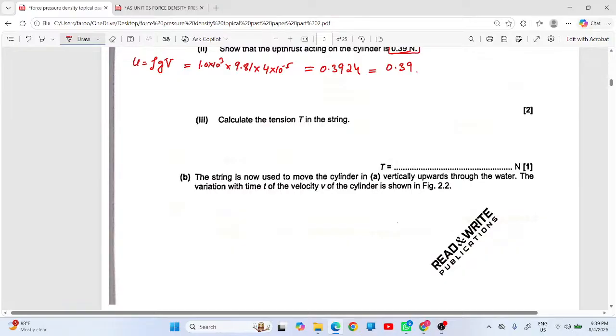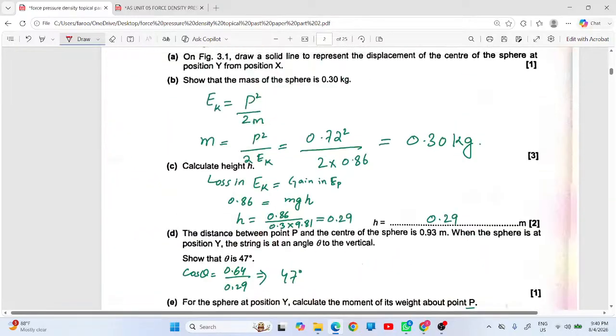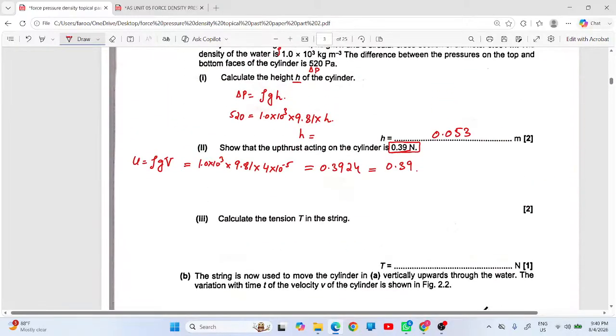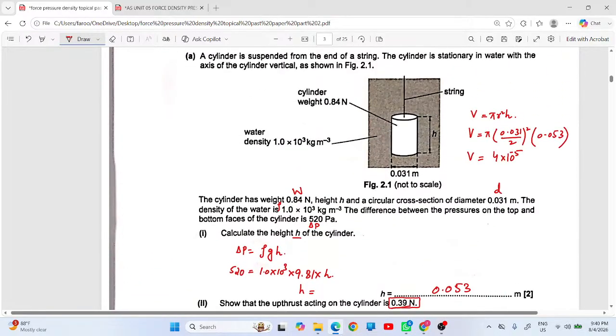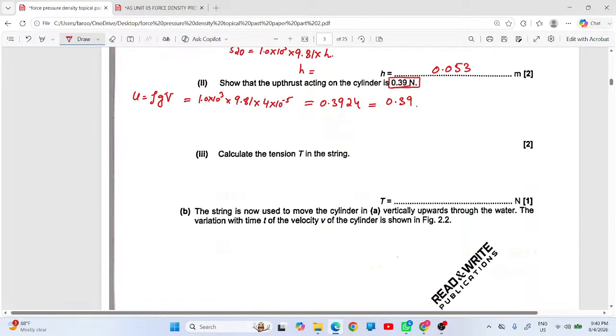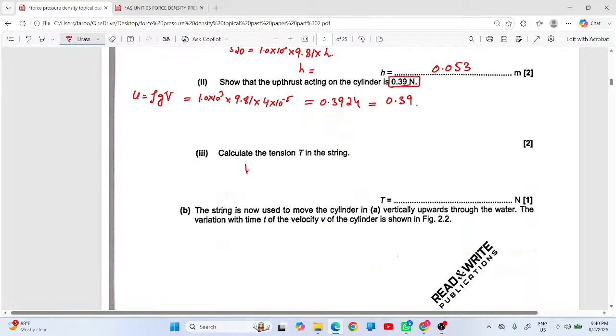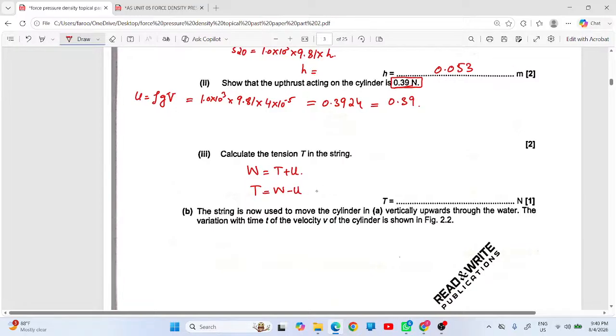You have to find the tension, so we have to check how many forces are acting. One is the tension, upward; weight is downward; upthrust is also upward. So there are two forces upward. So weight equals tension plus upthrust. So tension equals weight minus upthrust.